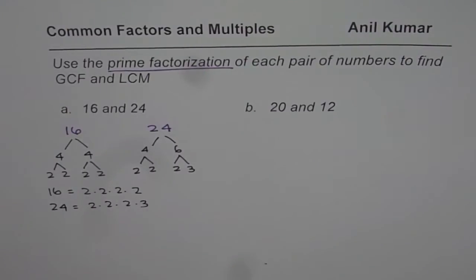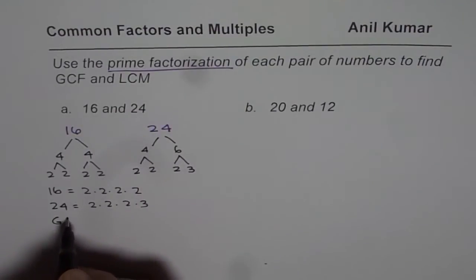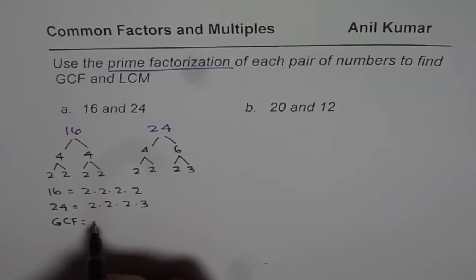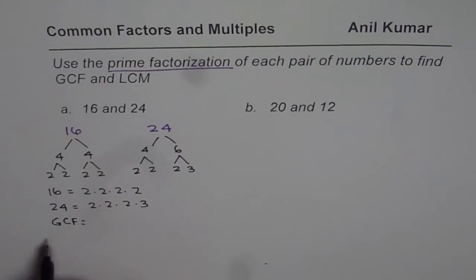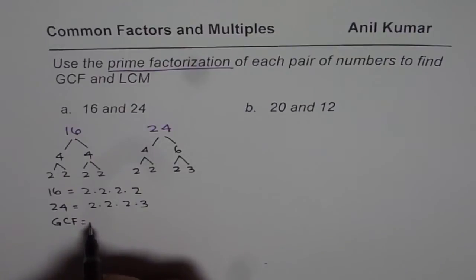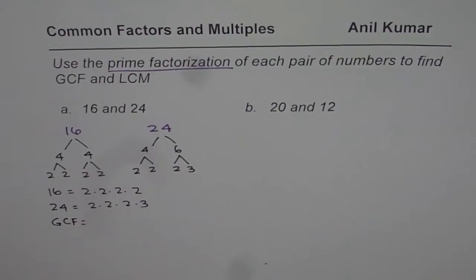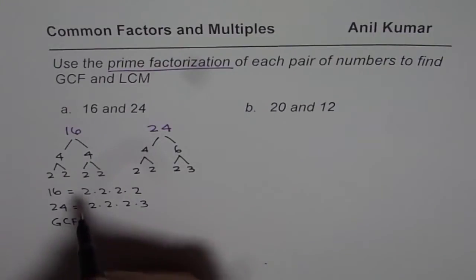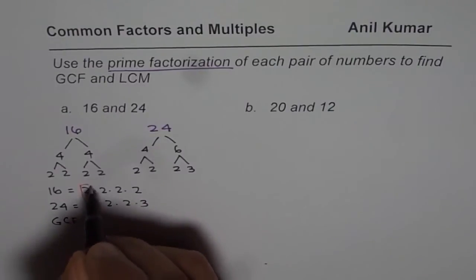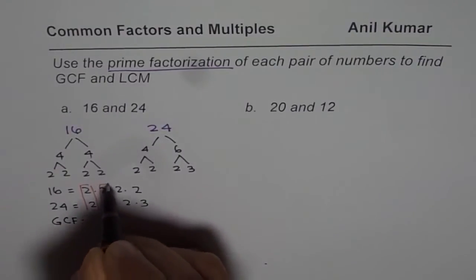To find greatest common factor, what should we do? Greatest common factor is the product of common factors. So let's find the common factors. We have 2's as common factors here.